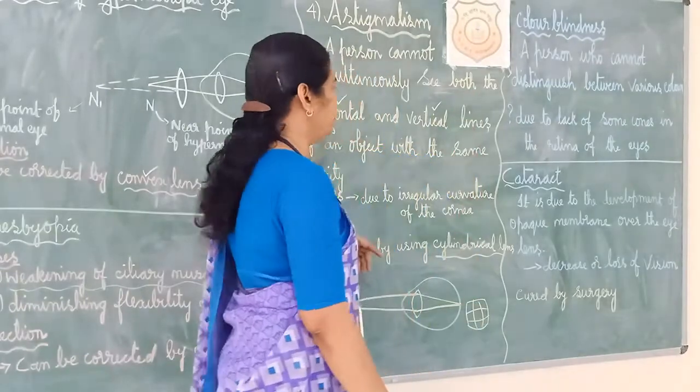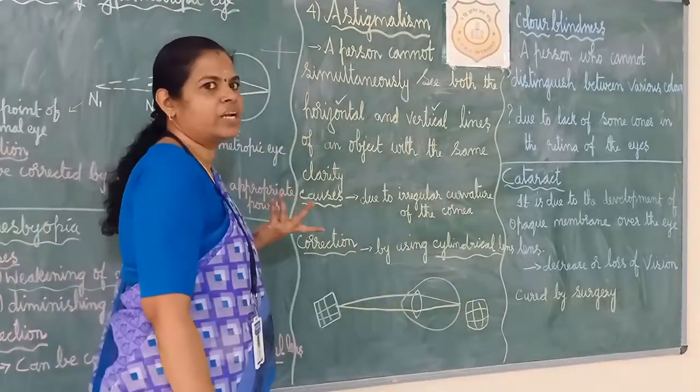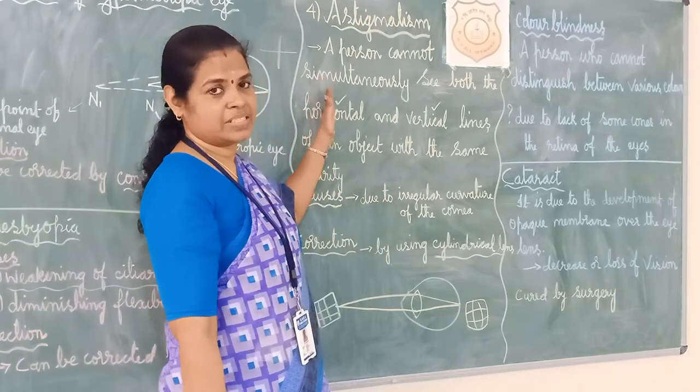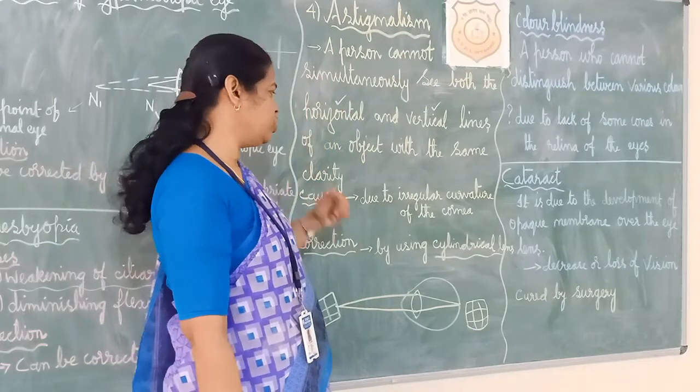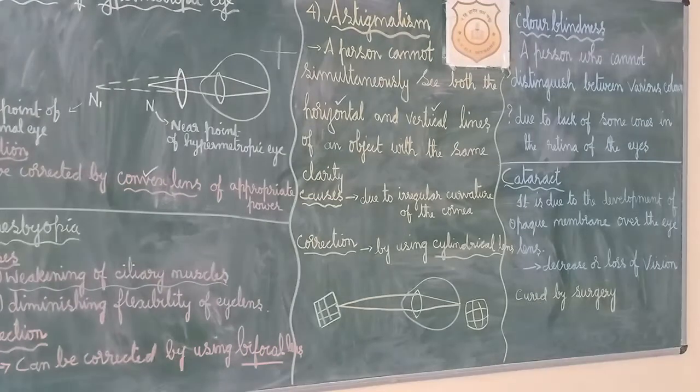If I draw like this, you can see what line it is. If I draw like this, you will tell what line it is. So we can see both. But a person who has astigmatism will not be able to see both with the same clarity.